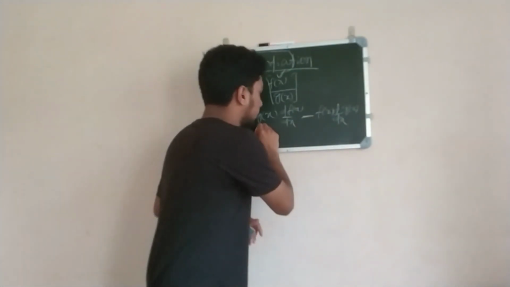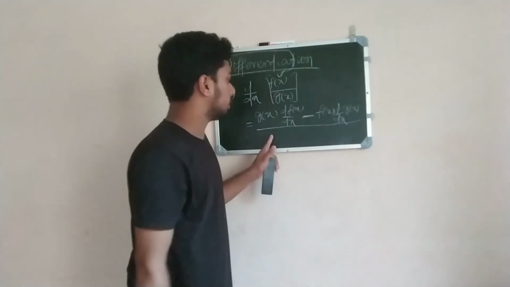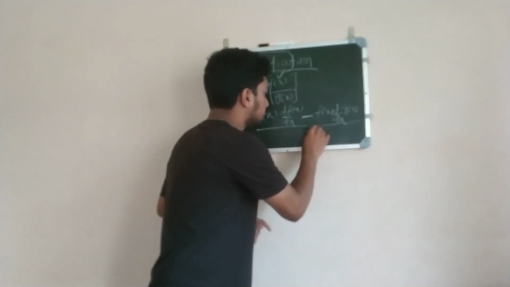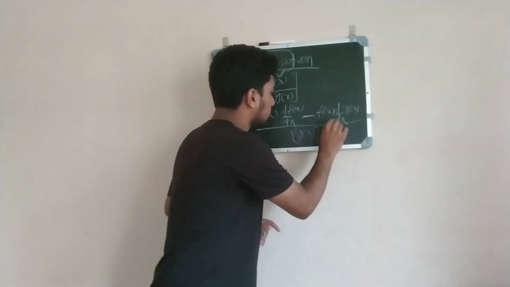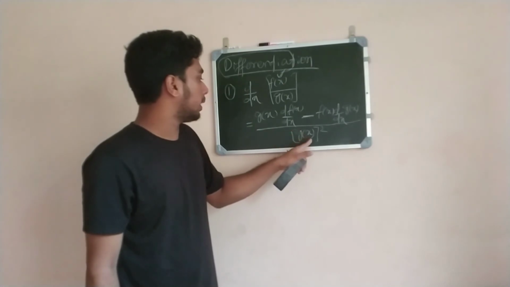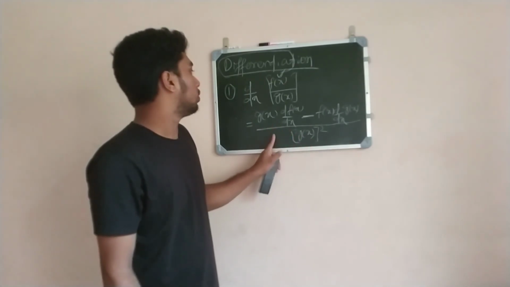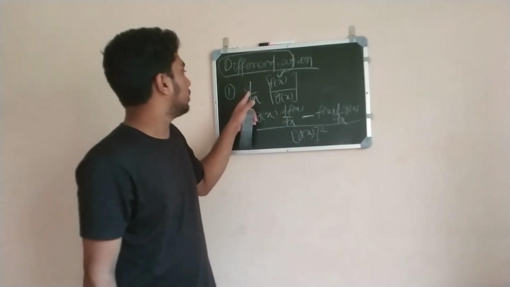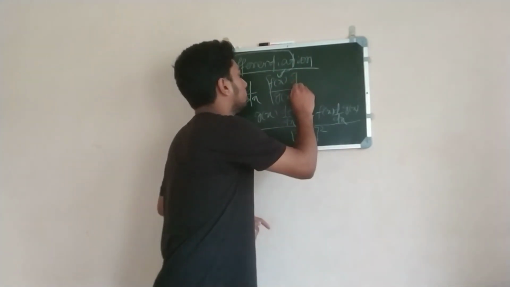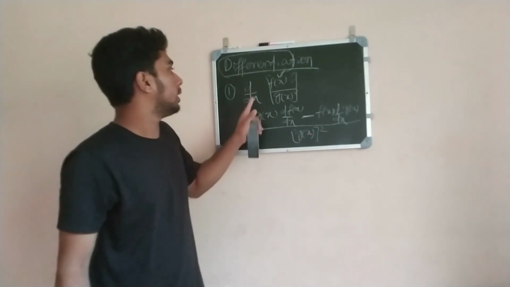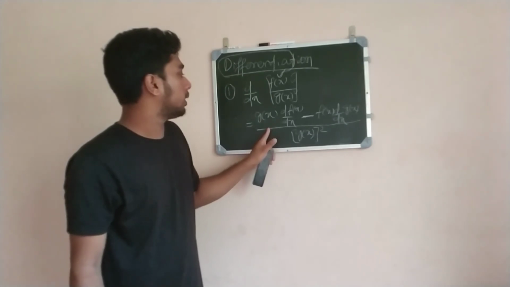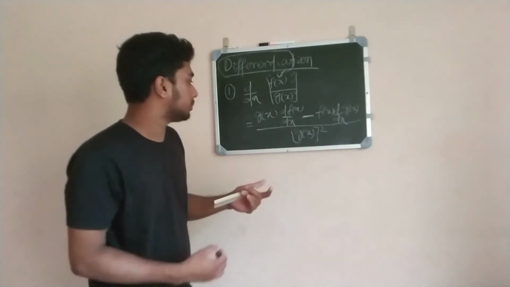Then divide by the denominator square. So this is how the derivative of fractions of two functions is defined. If two functions are in the form of a fraction, then we can find their derivatives.